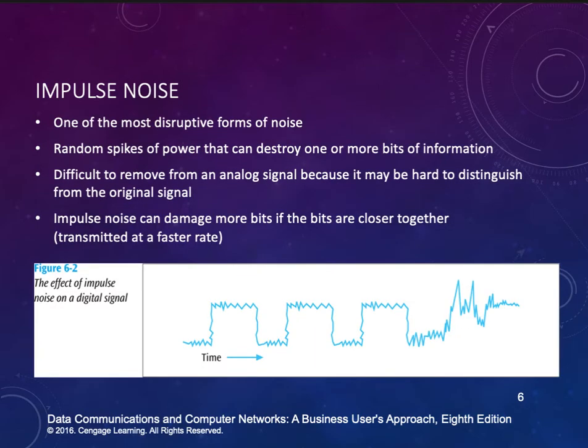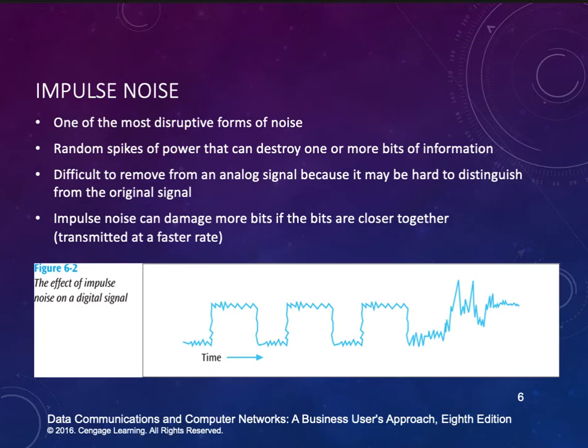Next we have impulse noise. This is very destructive, where the signal is disrupted, or when you have a large spark on it. It could be a power source or lightning strike.